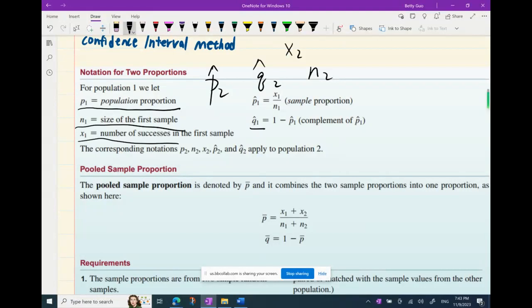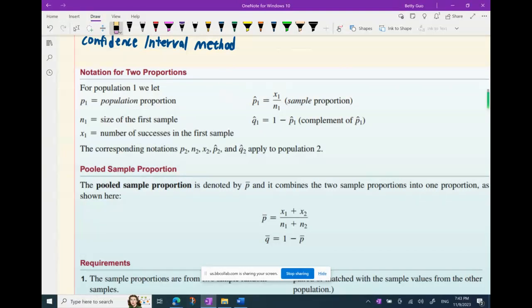X sub 2 would be the number of successes of the second sample, and so on. All right, so those are notations. Just to know, sub 1 refers to the first sample from the first population. Sub 2 indicates statistics from the second sample from the second population.